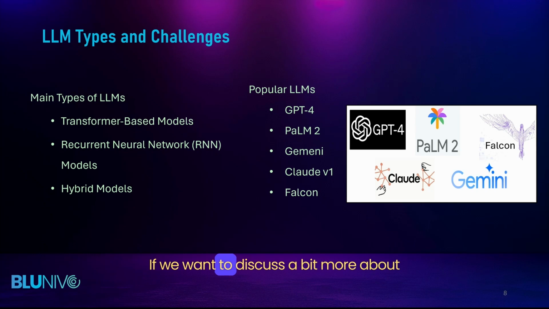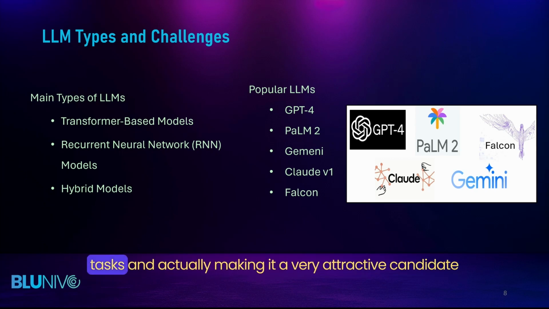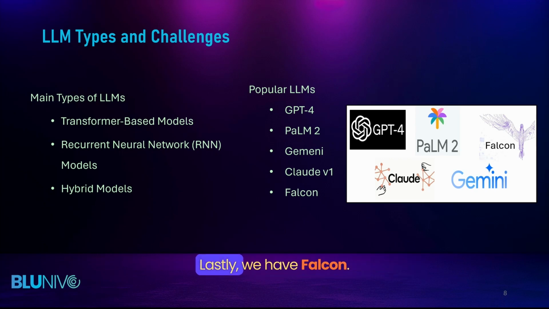If we want to discuss a bit more about Claude V1, Claude V1 offers exceptional performance in creative tasks, making it a very attractive candidate for generating innovative content and ideas.